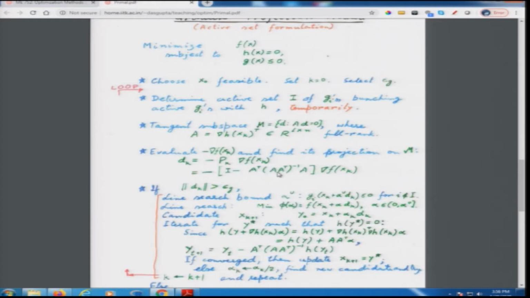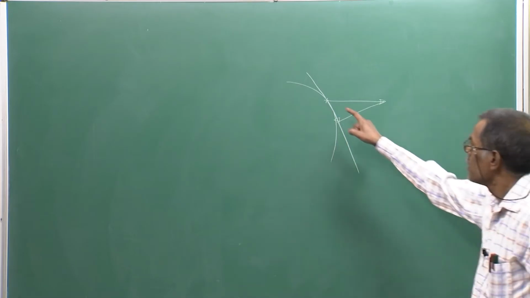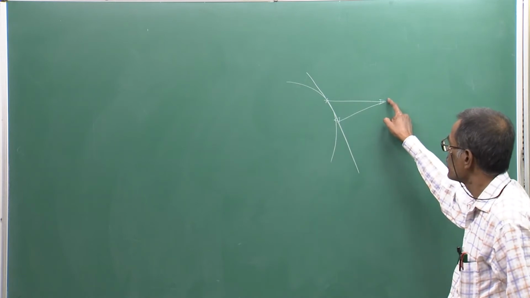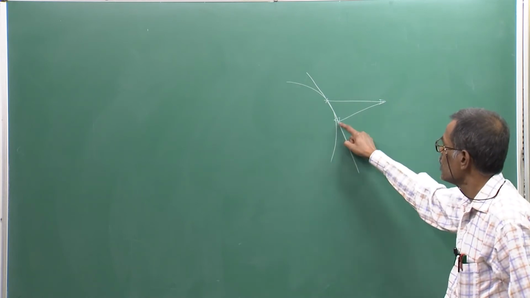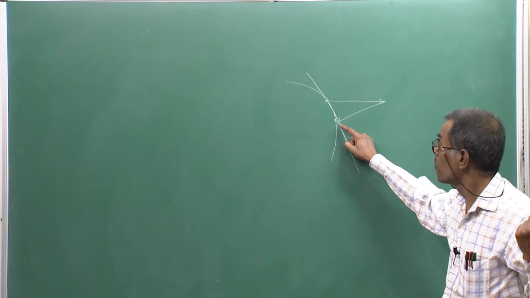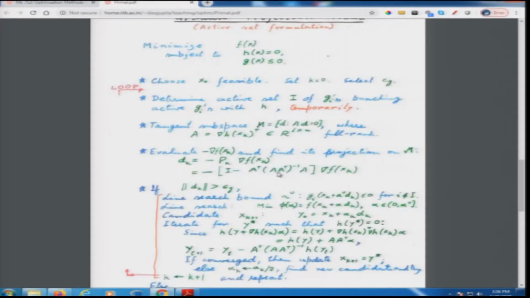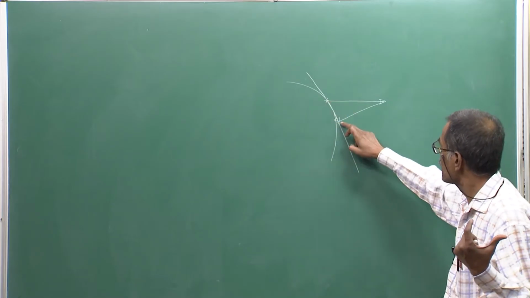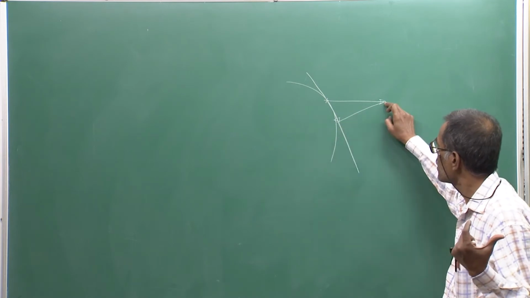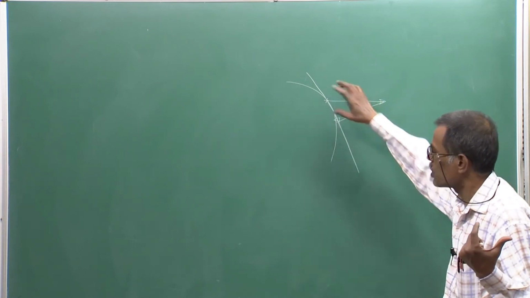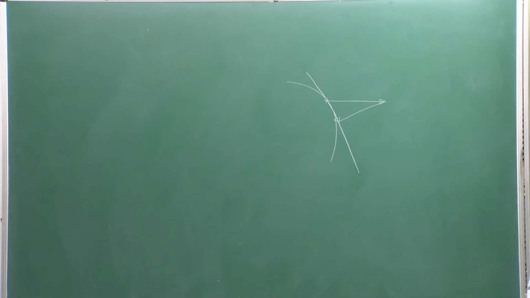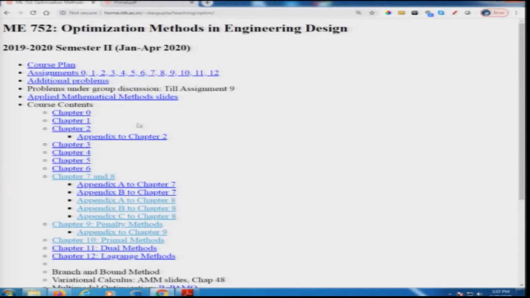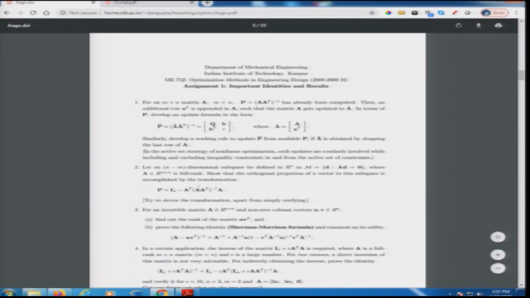So, any vector for which you want the projection on A D equal to 0, you have to multiply with that P matrix, which is a projection matrix. Then the perpendicular component is cut off and the tangential component is retained. That problem appears in assignment 1. It is non-trivial, so have a look at it once more. Yeah, this is the one.